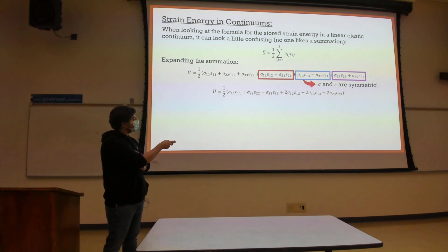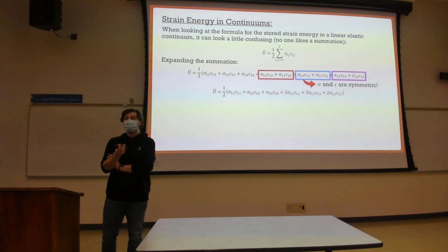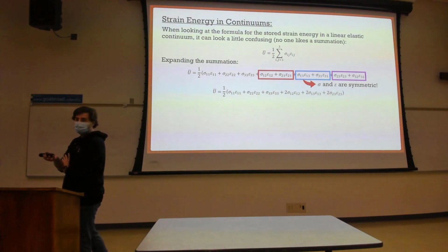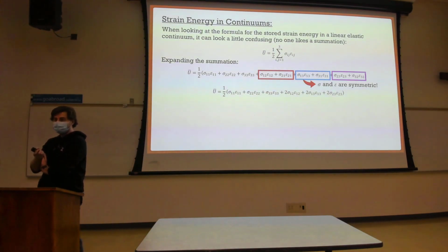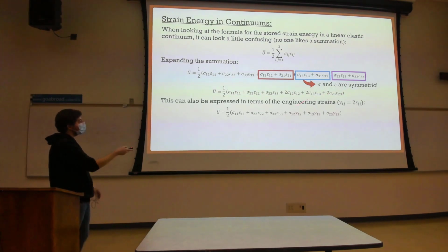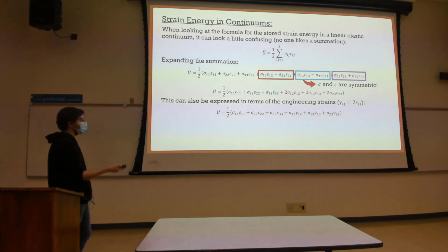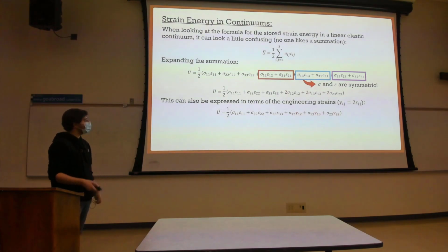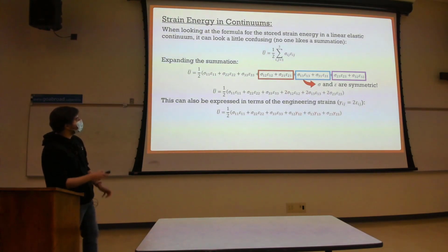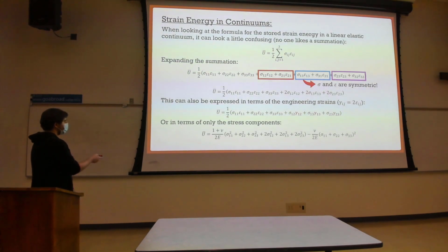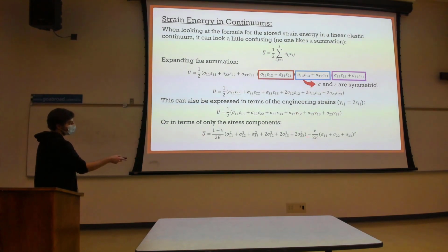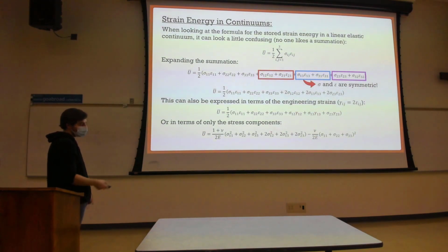Do I have a relationship between my small strain epsilon 1,2 and my engineering strain gamma 1,2? Yes. We'll start with that one. Engineering strain is simply 2 times epsilon ij, so we can replace the 2 times epsilon 1,2 with just gamma 1,2. And you guys already said that, hey, we also have an expression that relates stress to strain. So if I wanted to, I could write my strain energy in terms of only stress components.